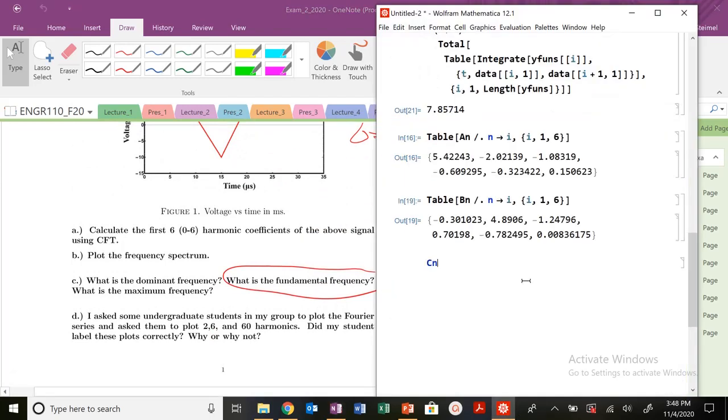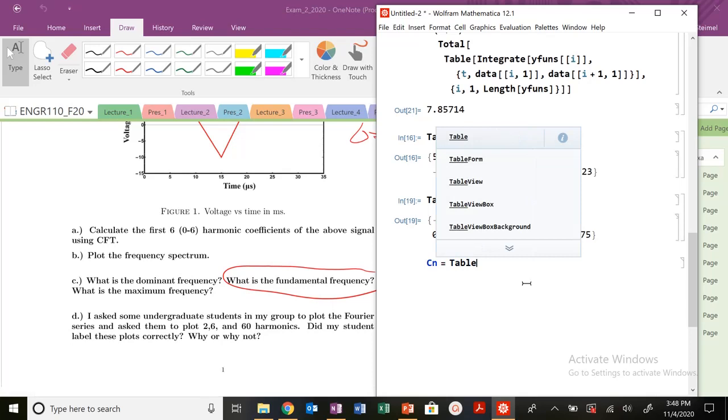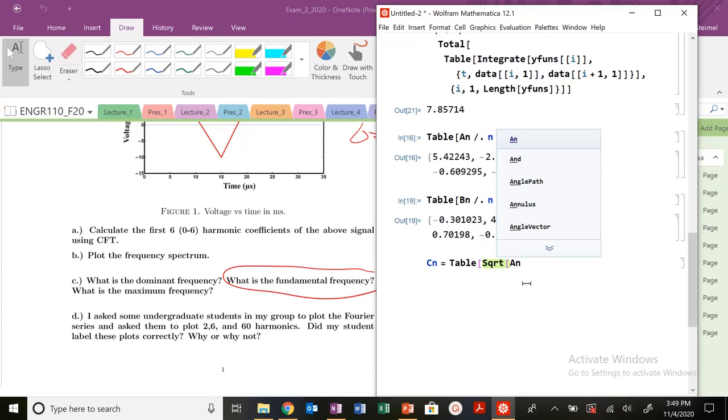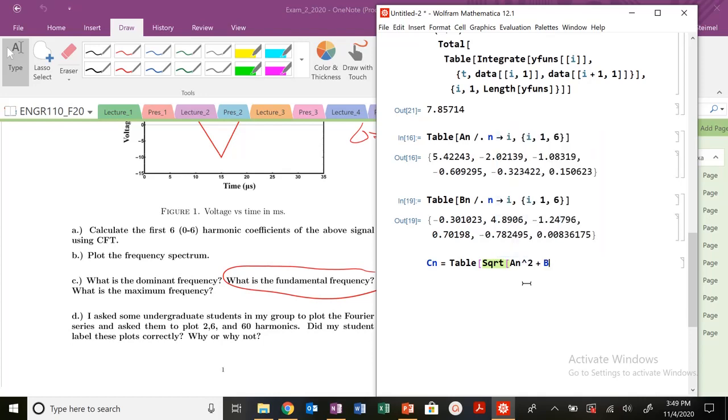So I'm going to do my c sub n is going to equal table square root of my a sub n squared plus my b sub n squared. Actually, I'm going to do this as my a sub n's, this is my b sub n's. So a sub n I squared plus my b sub n I squared, square root.